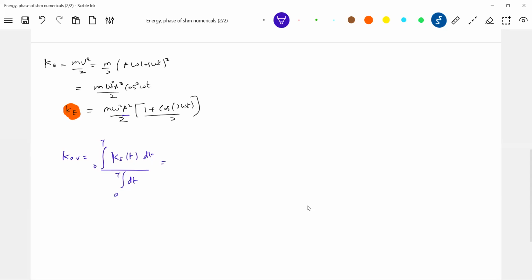So substitute this one. This will become m omega square a square by 2 times the integral of cos square omega t dt, divided by T, from 0 to T. I think I'll write this equation rather than this. Already we know.